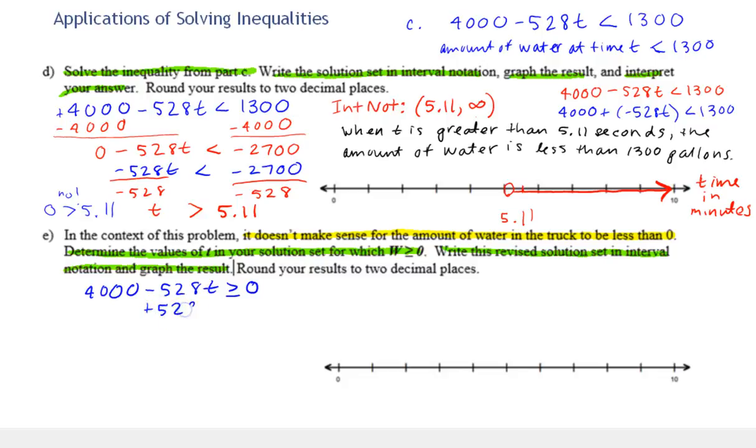I'm going to add 528t to both sides. We usually don't do that, but there's no reason we can't. The reason I want to is the right-hand side is 0, and also just to show you something new. So now we have 4,000 is greater than or equal to 528t. And now we can divide by 528.